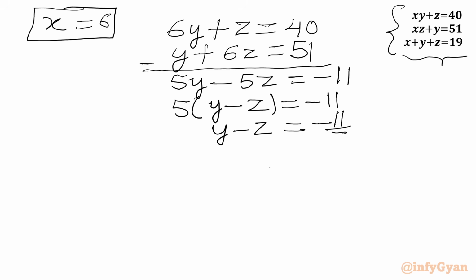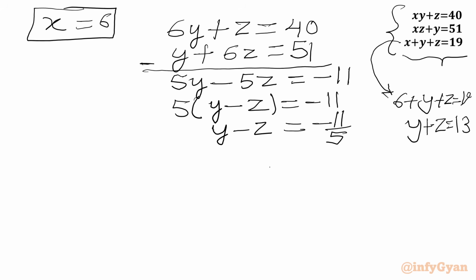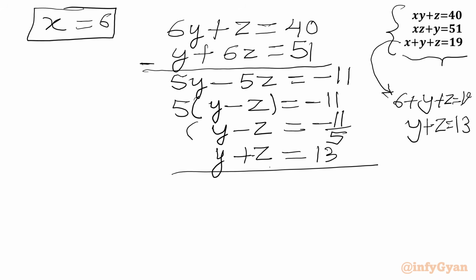Now we will write y minus z by dividing both sides by 5: minus 11 over 5. Now from third equation, if I put x equal to 6, I will write 6 plus y plus z equal to 19, or y plus z would be 19 minus 6, 13, which we will write here y plus z equal to 13. Now we have one linear system of equations with two variables.